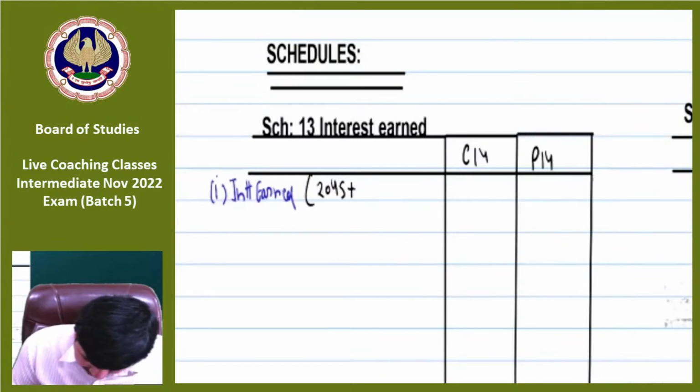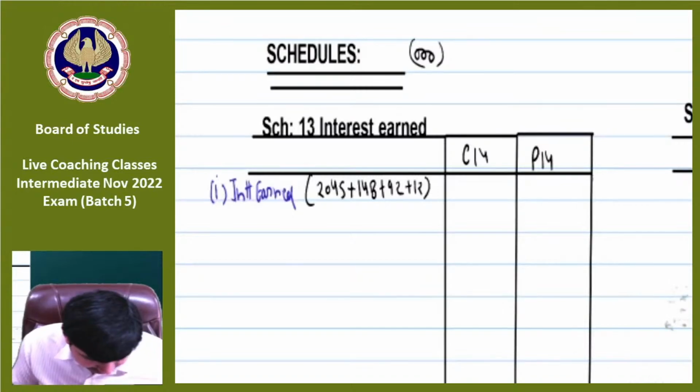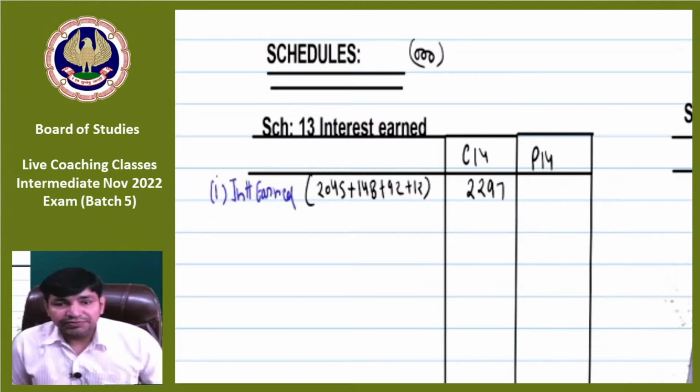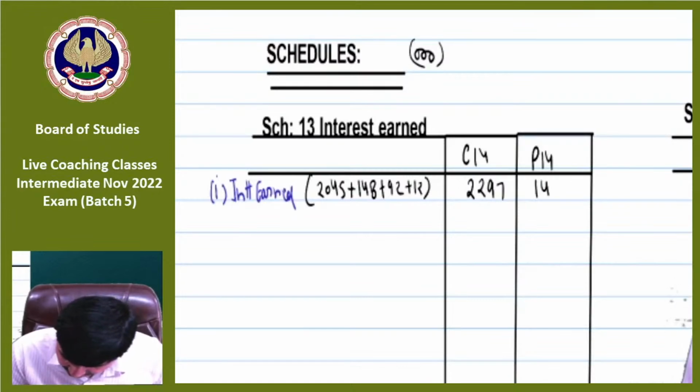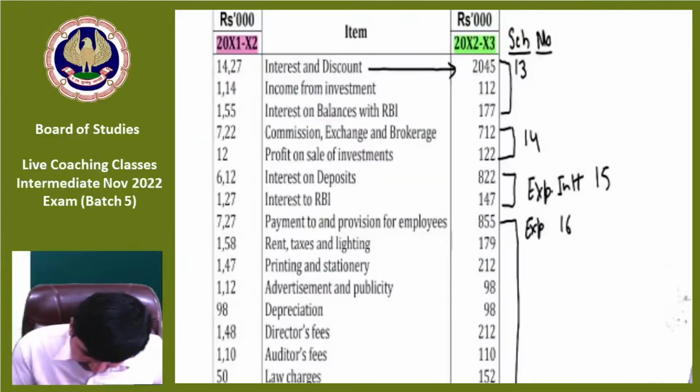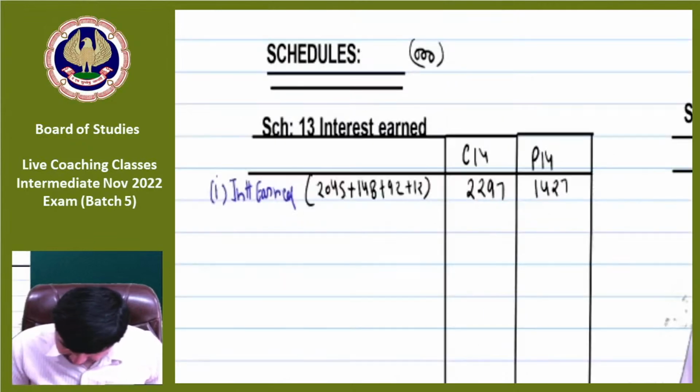Add back those have already been deducted. 148 show in this way. Plus 92 figures in thousands. Okay. Plus 12 and it becomes 2297. Okay, sir, understood. And correspondingly previous year figure you are to present in the same way. But please do fast.